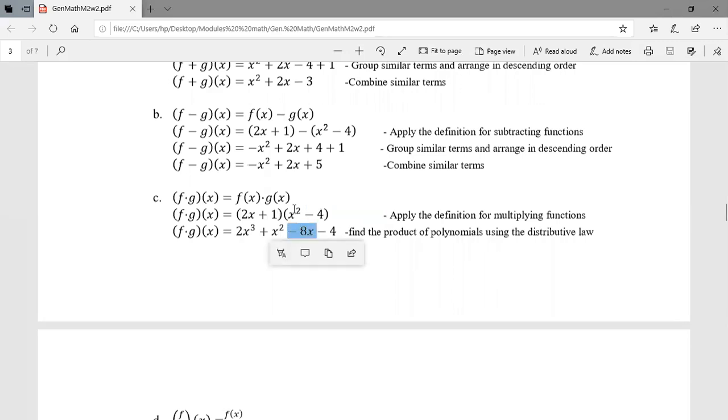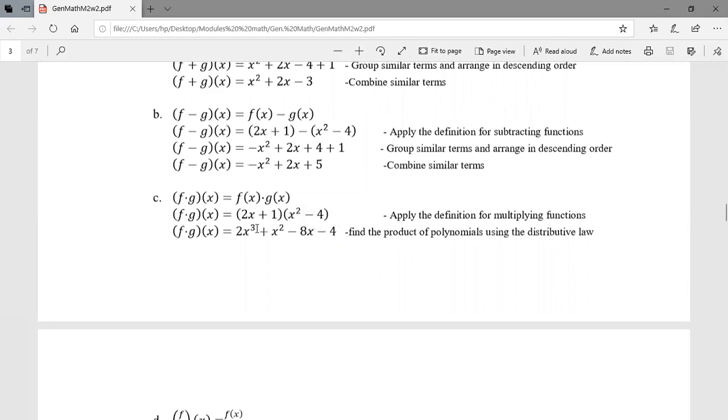Next, 1 times x squared is x squared, and 1 times negative 4 is negative 4.